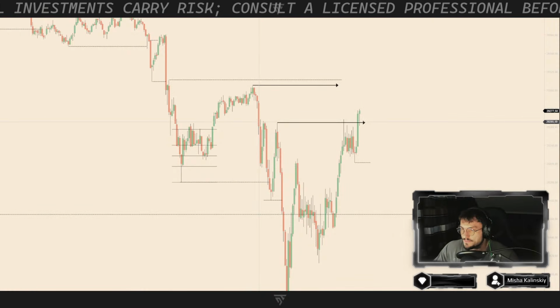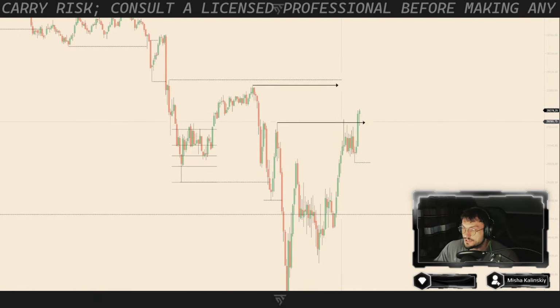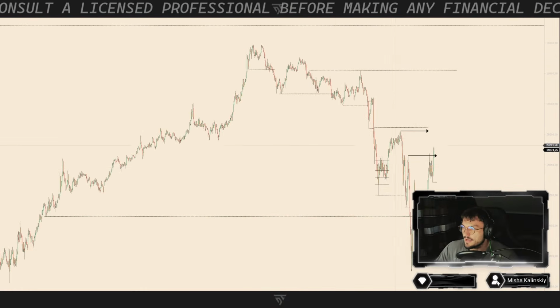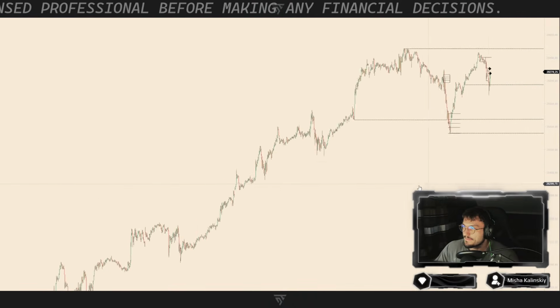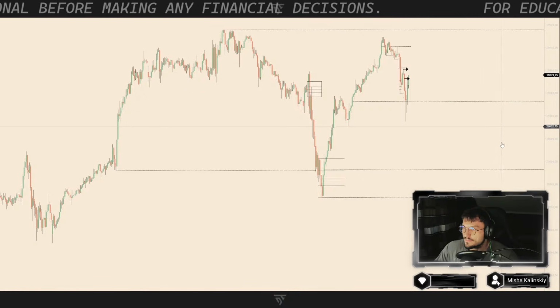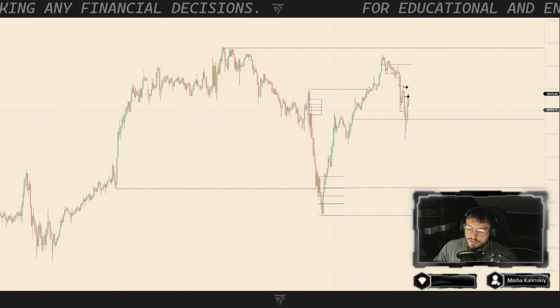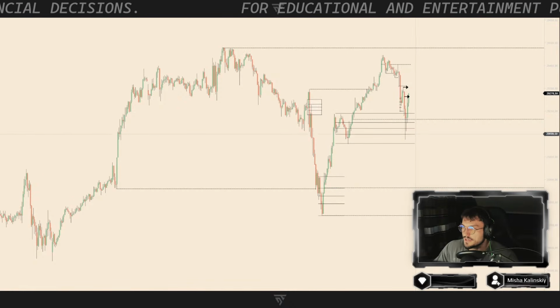The current trend changed from bearish to bullish just with this closure, but this is M1. We could be in a higher time frame retracement. Let me just check. Yeah, if you look, this is the higher time frame high, and this is the higher time frame SNDR that we're trading out of.